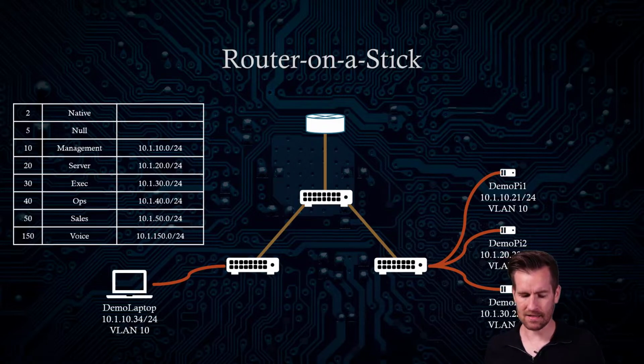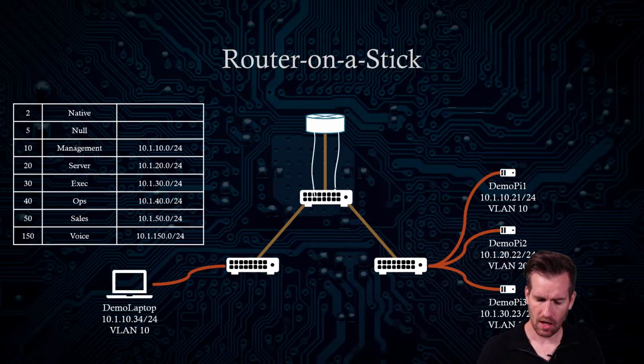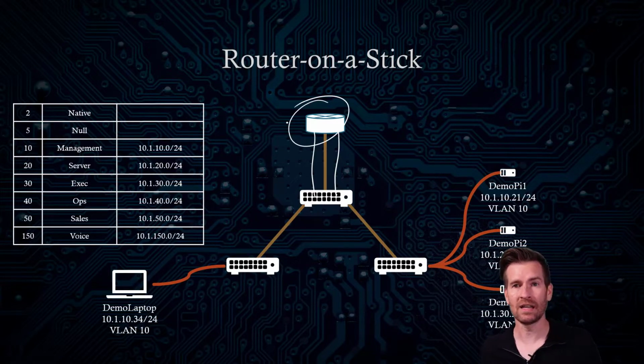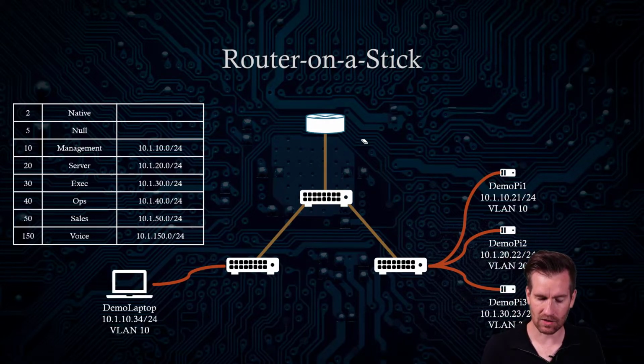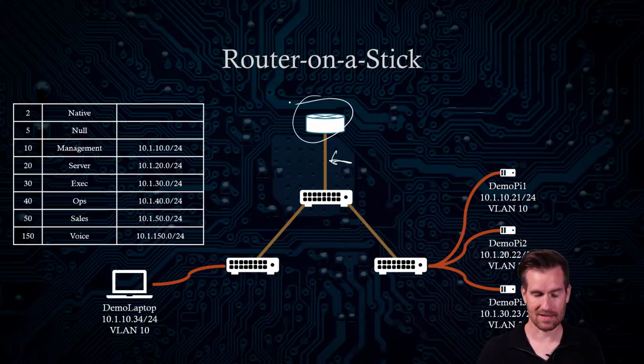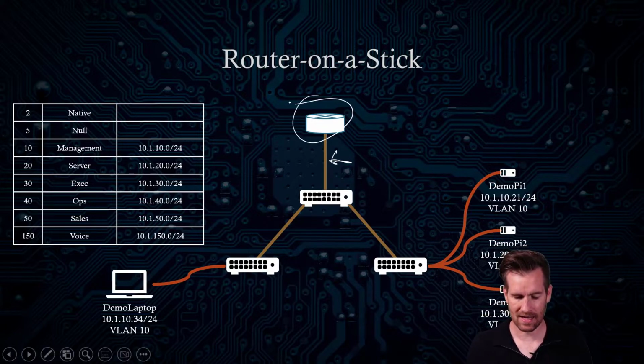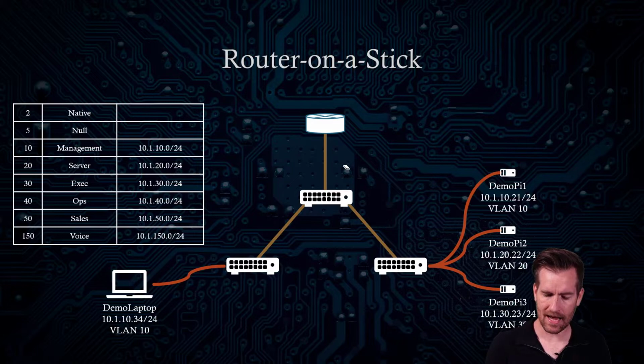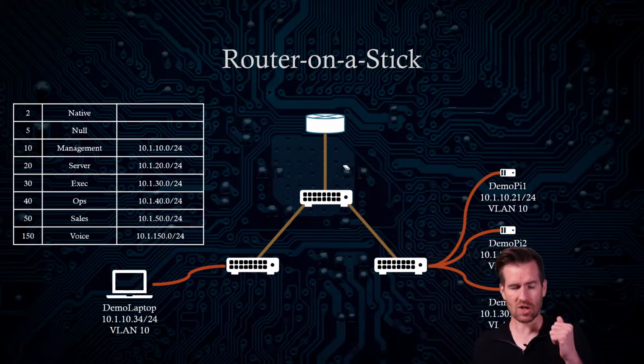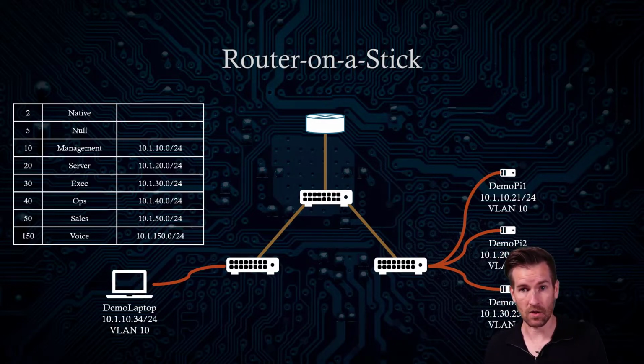The idea behind this is, rather than having multiple lines connected into your router, you would just have a single line to the router. This is the stick right here, and this is the router. So that's the router on a stick. And the way we set this up is just like we set up a trunk line. It is a trunk line.